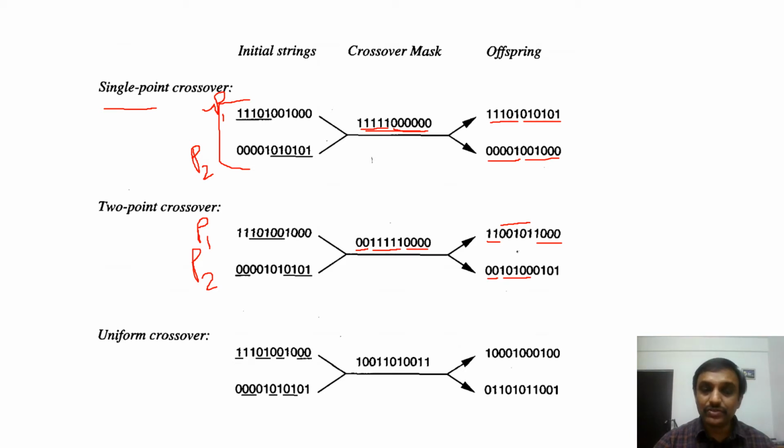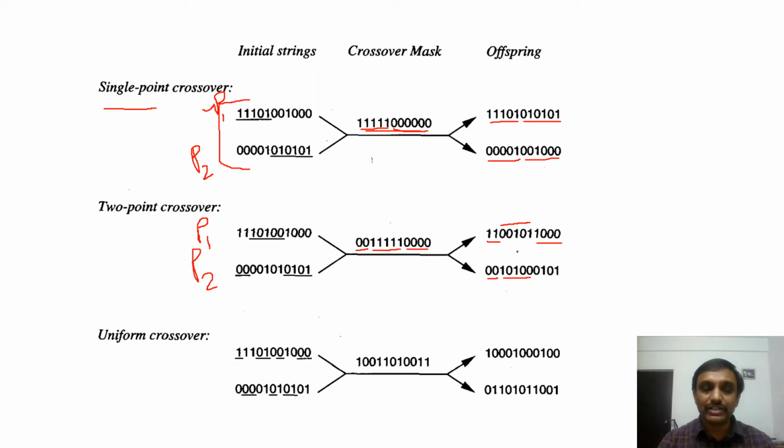Now, next one is uniform crossover. So here these ones and zeros are placed uniformly in your mask. Now see 1 0 0 1 1 0 1 0 0 1 1. If you consider one from one parent, all ones, those positions we have to take from that parent only.